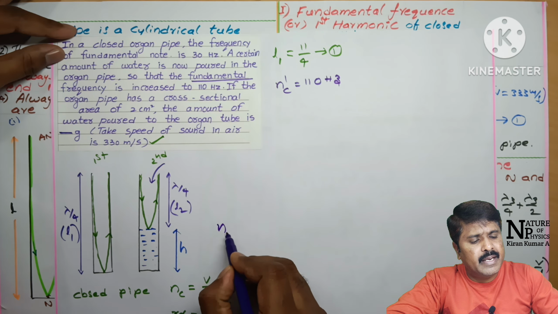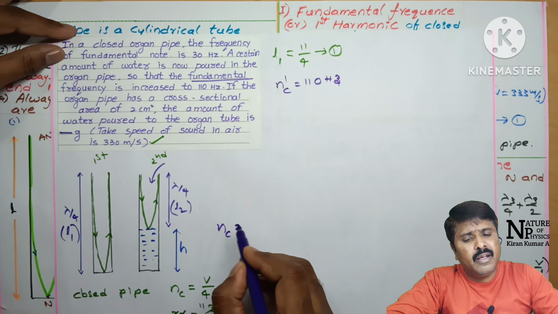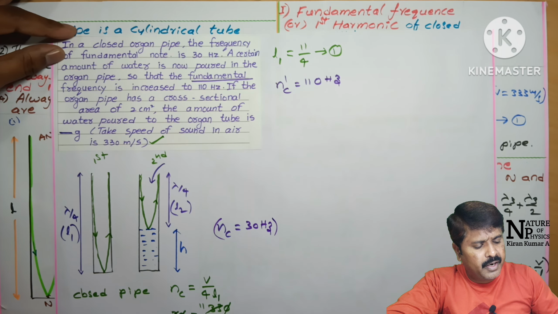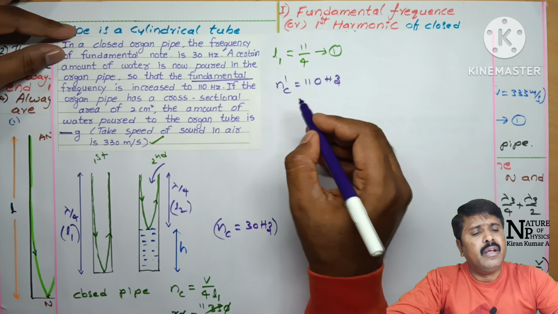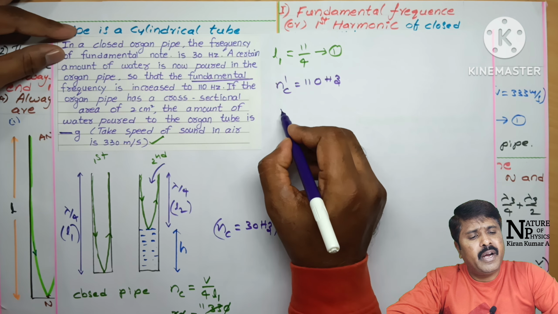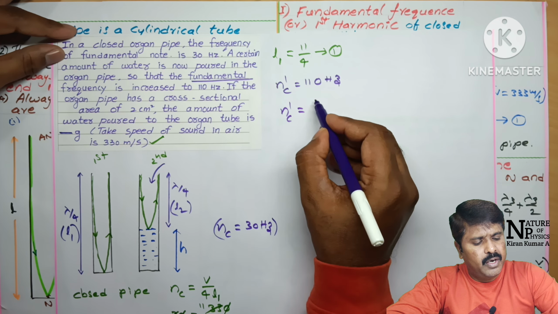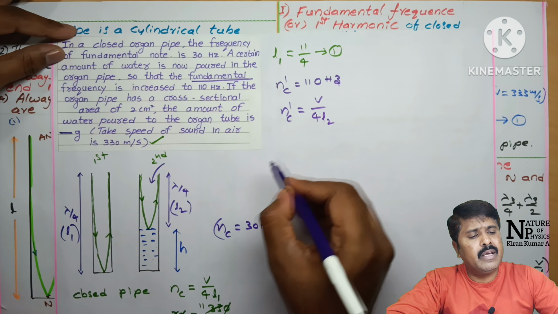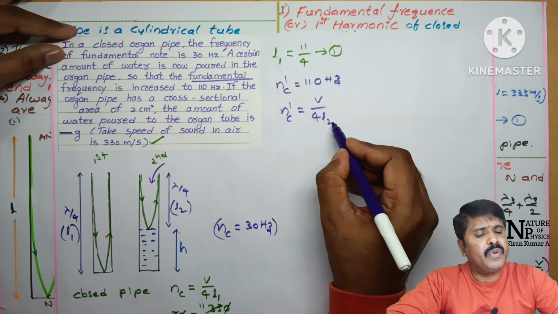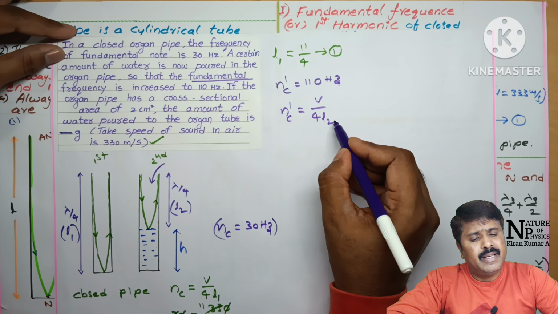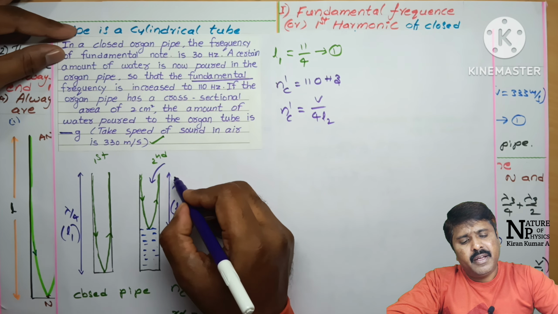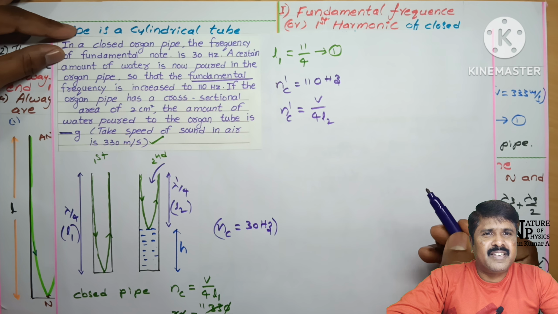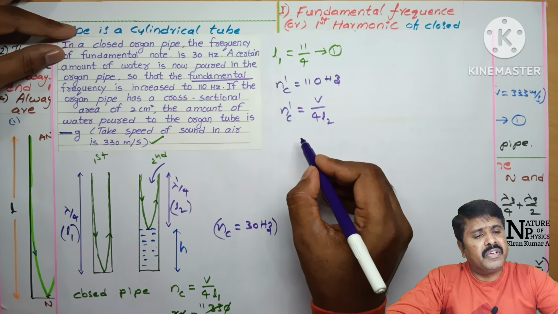The first NC is given as 30 hertz. Already we did the first one. And for the second one I am going to write NC dash, which is equal to V divided by 4 L2. L1 and L2 are clearly represented. Here the wavelength is taken as lambda dash, but there is no need to discuss the wavelength in the derivation.